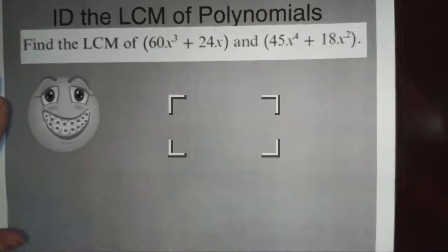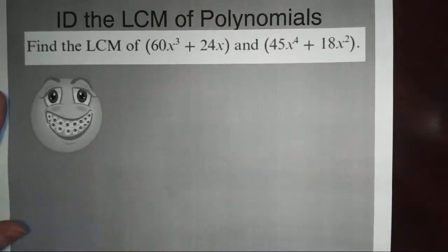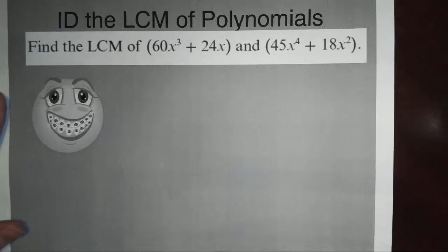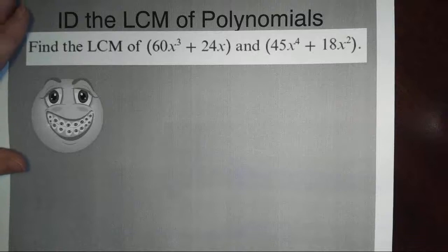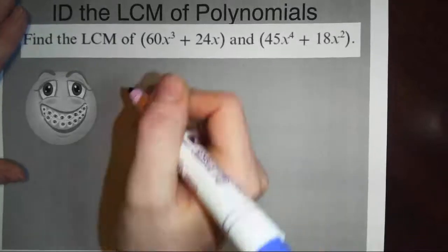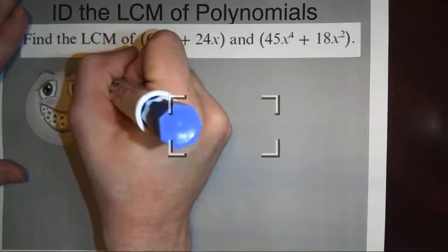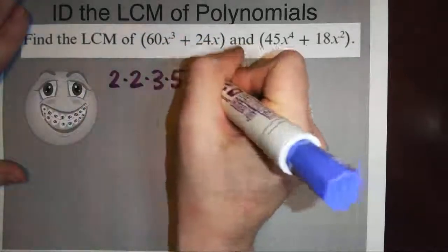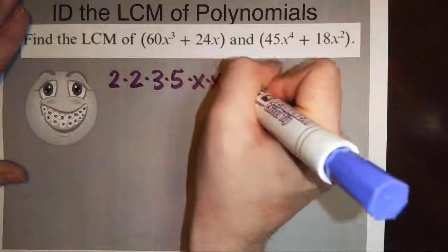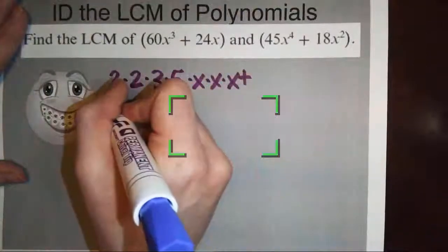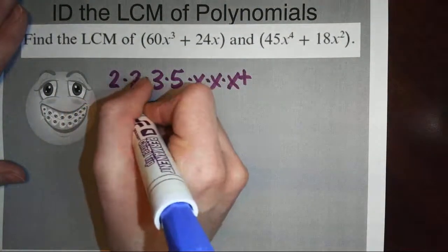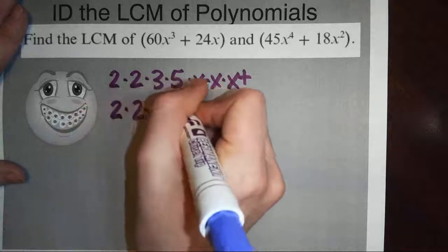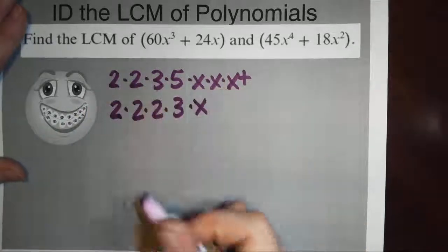We want to find the least common multiple of 60x cubed plus 24x, and 45x to the fourth plus 18x squared. So we'll start by finding the factors. So 60 would be 2 times 3 times 5, and then we'd have x cubed, so that's 3 x's. 24 would be 2 times 2 times 2 times 3, and then just 1 x.